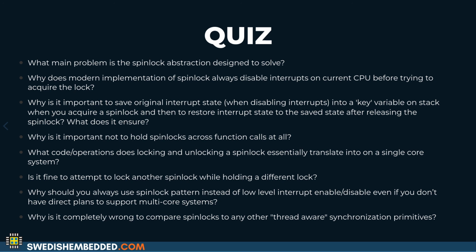Why is it important to not hold spin locks across function calls? What code or operations does spin lock locking and unlocking essentially translate into on a single core system? Is it fine to attempt to lock another spin lock while holding a different lock?